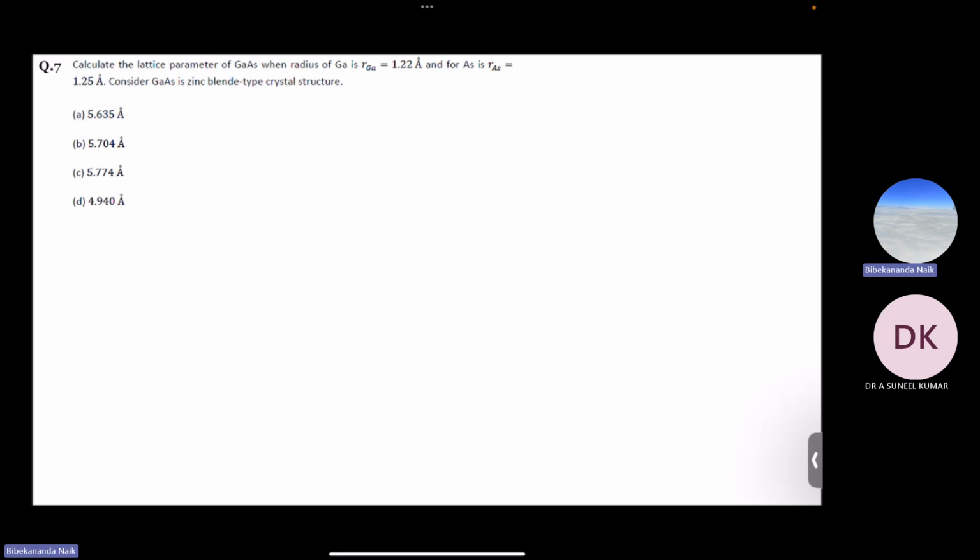So we will move to the seventh question. The question says, calculate the lattice parameter of gallium arsenide when the radius of gallium is 1.22 angstrom and of arsenic is 1.25 angstrom, and consider gallium arsenide is zinc blende type crystal structure. So we just discussed in previous questions, in case of zinc blende type structure, it is like diamond structure, but one corresponds to zinc and another corresponds to sulfur.